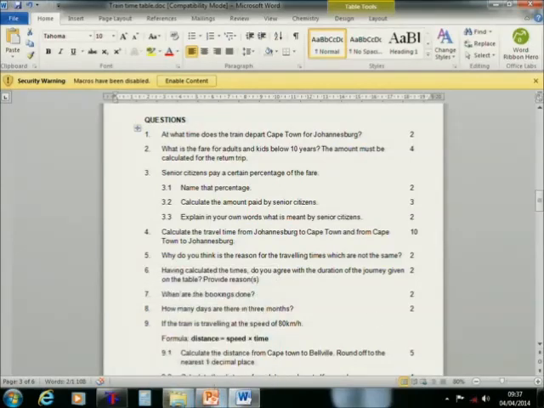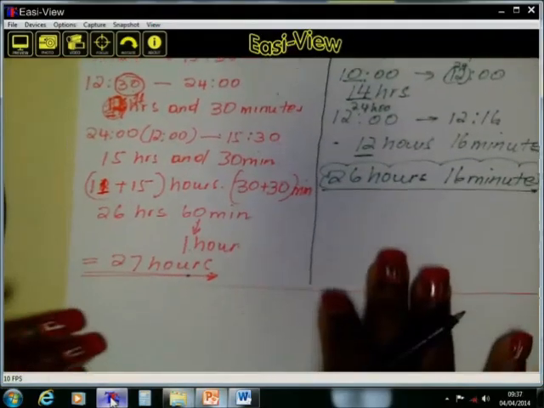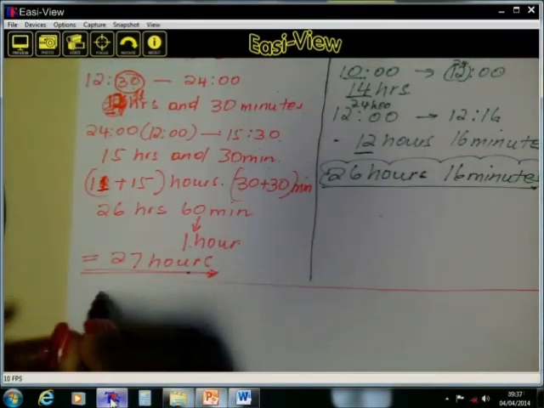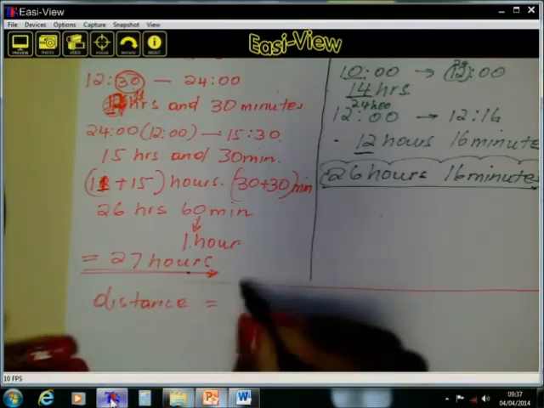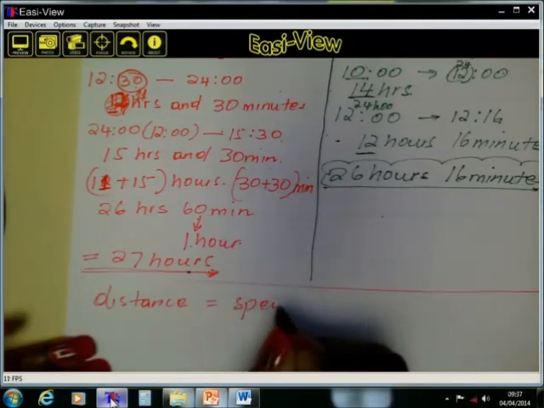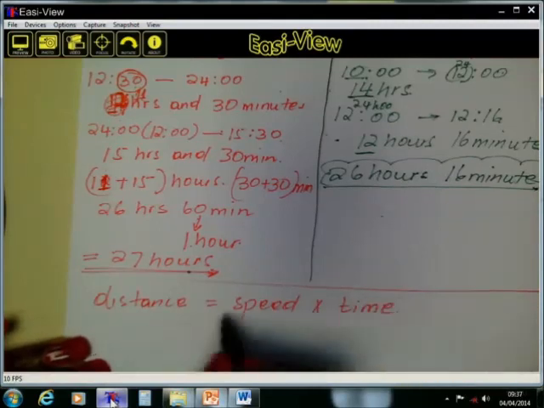Good. Let's go back to our calculations. We have the formula given. Remember, we want distance. The formula is distance is equal to speed multiplied by time.